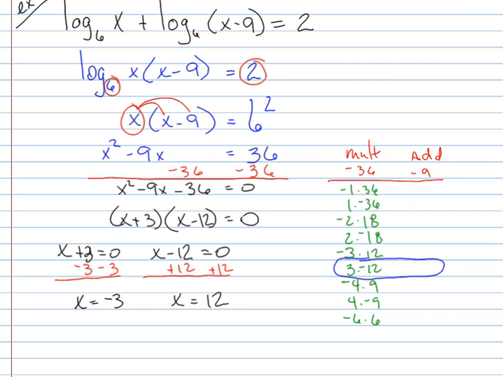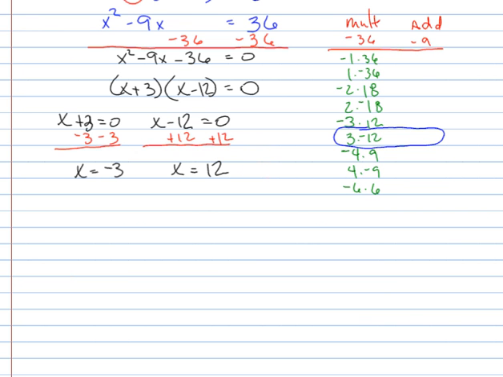So I have two different answers. Now at this point, I need to go through and check them and make sure they are good. So let's do a quick check. To check them, I'm going to go back to my original problem, which was log base 6 of x plus log base 6 of x minus 9 is equal to 2.